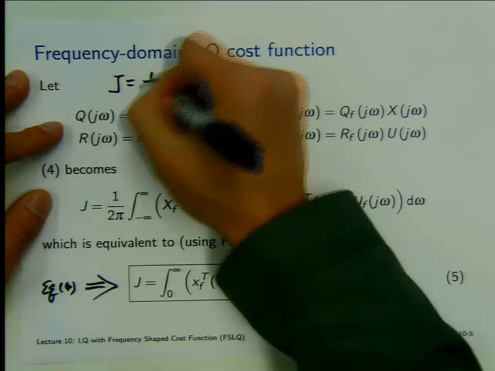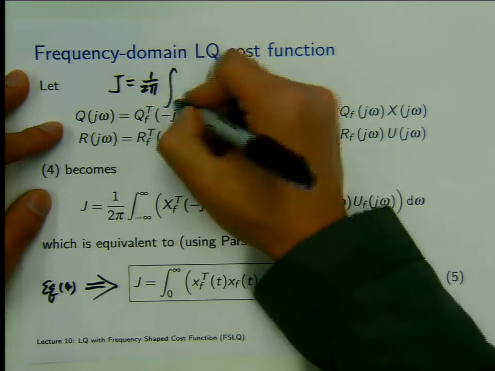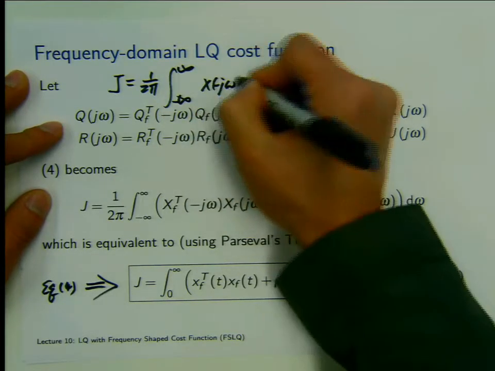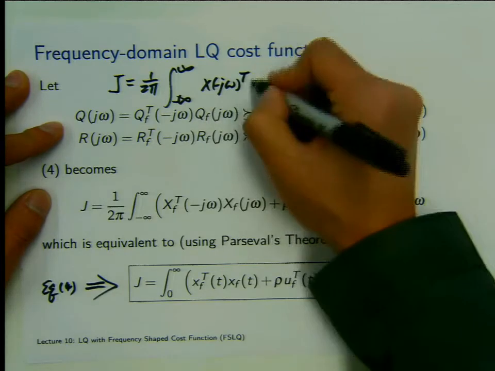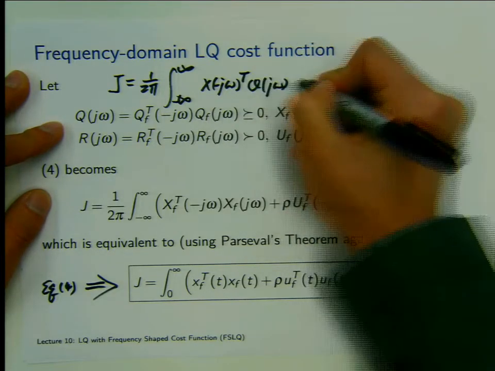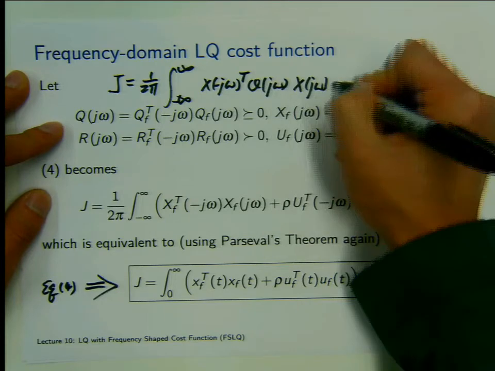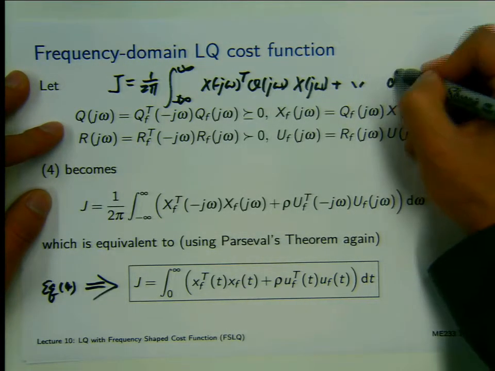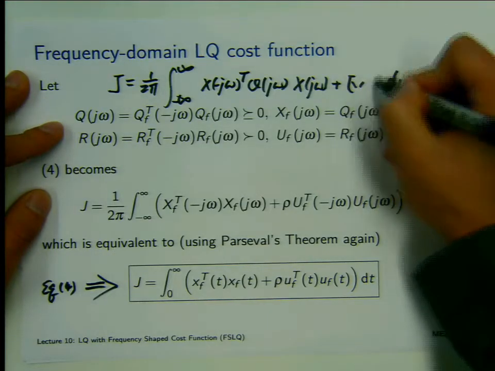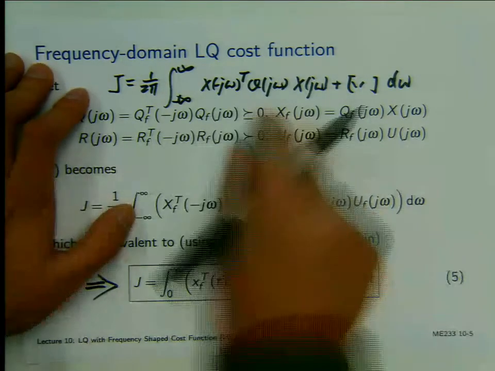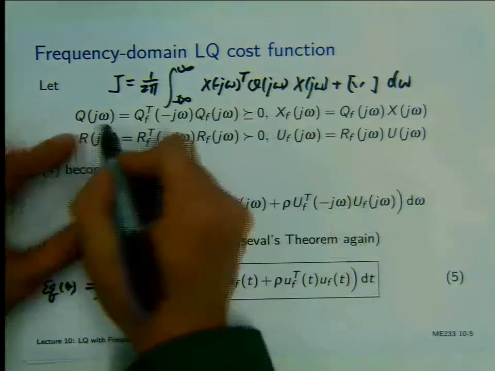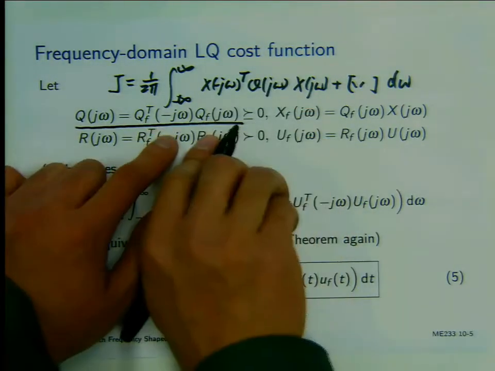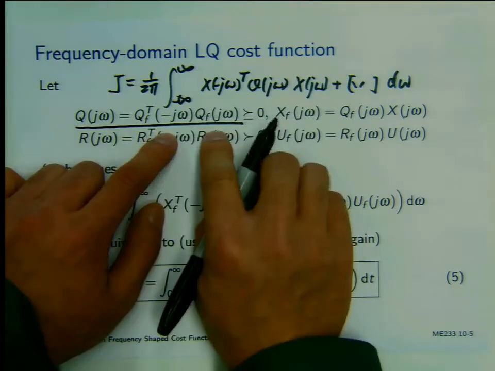J equal to 1 divided by 2 pi, integral from negative infinity, X of negative j omega, transpose Q of j omega, X of j omega. So something related to u, then d omega. Okay, so the key step is this. Break Q as the combination of Qf transpose times Qf.